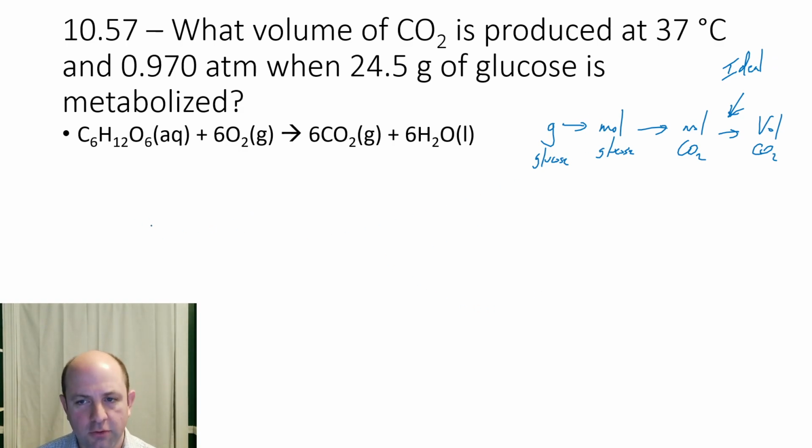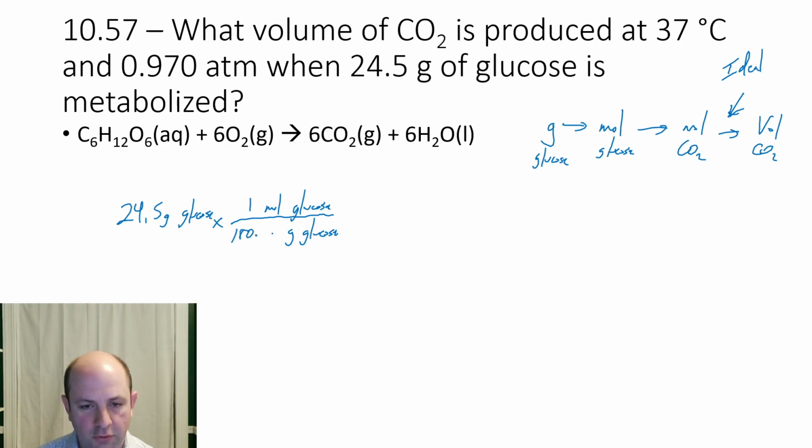All right, so glucose, 24.5 grams of glucose. So grams of glucose on the bottom and moles of glucose on top. Now, I happen to know from an earlier problem that glucose is 180.18 grams per mole, or at least roughly if you're using a 2 decimal point periodic table.